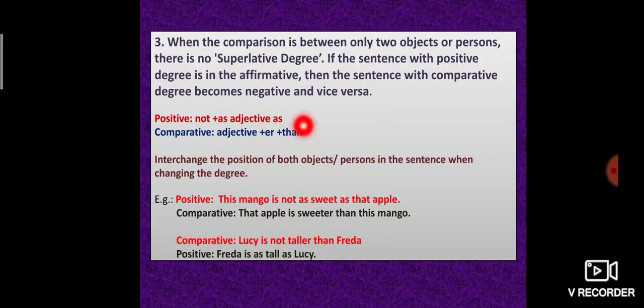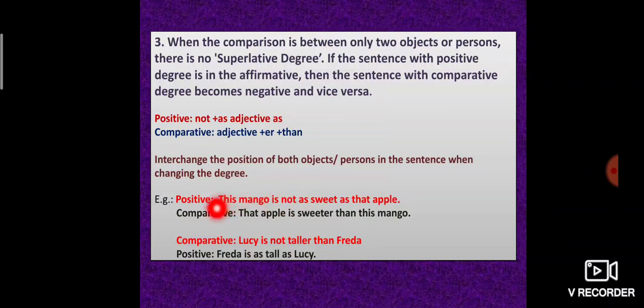If the sentence is in negative, how will it change? Adjective plus er plus than, positive. This mango is not as sweet as that apple. Okay, now we will change it to comparative. You can see this mango is not as sweet as that apple, it is in a negative way.